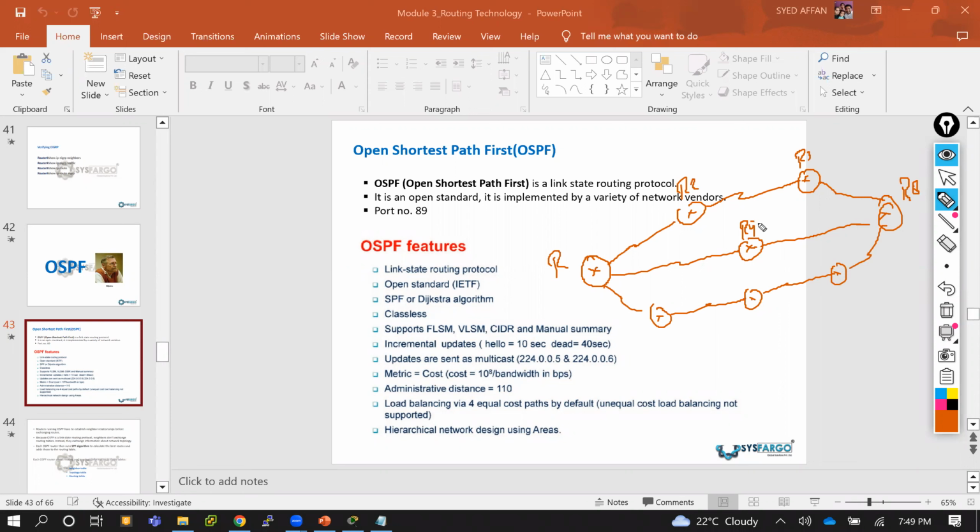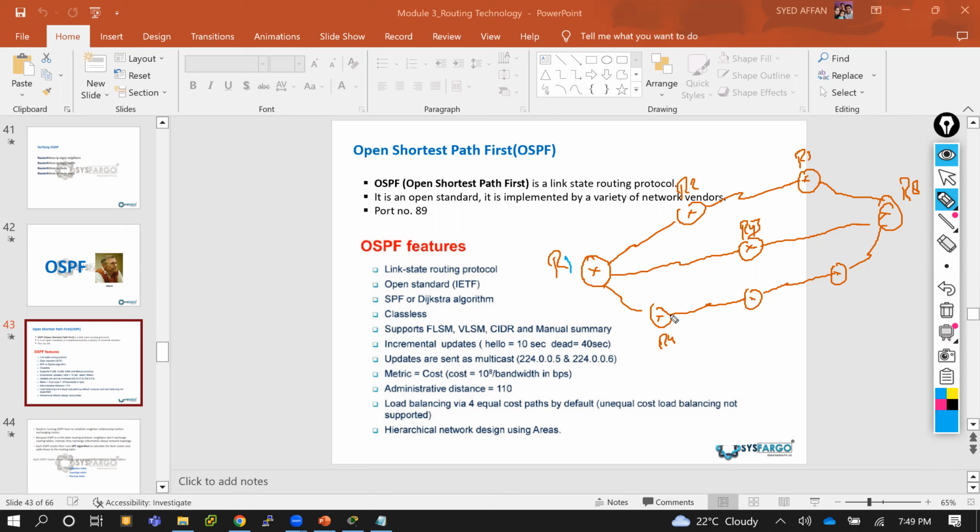Example, router 1 is the source and router 8 is the destination. To reach from router 1 to router 8, how many paths are available? There are 3 paths available: via router 2, via router 3, and via router 4.